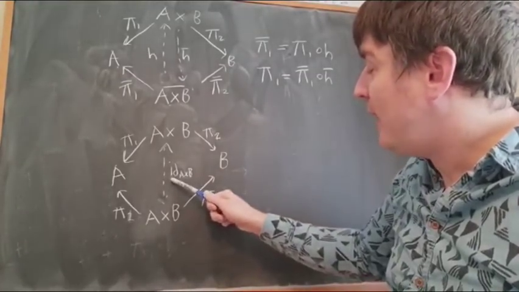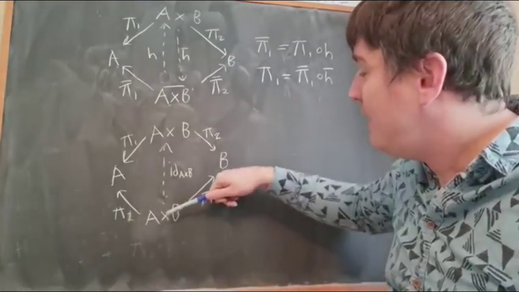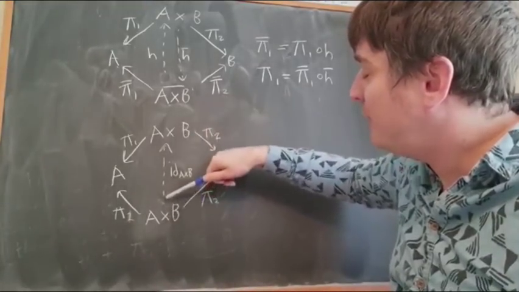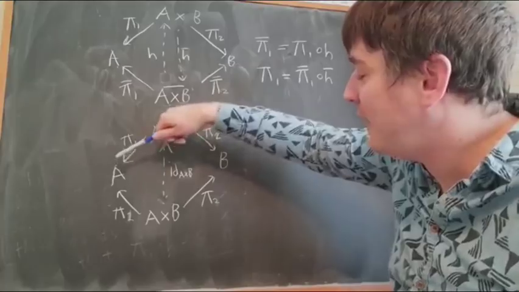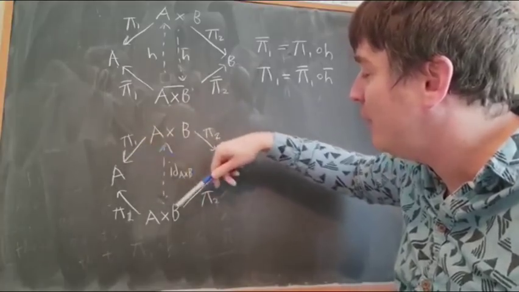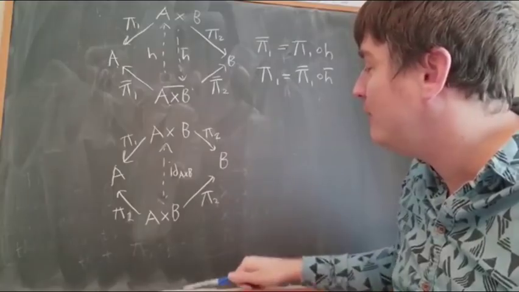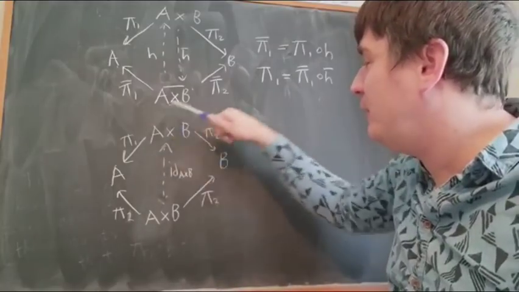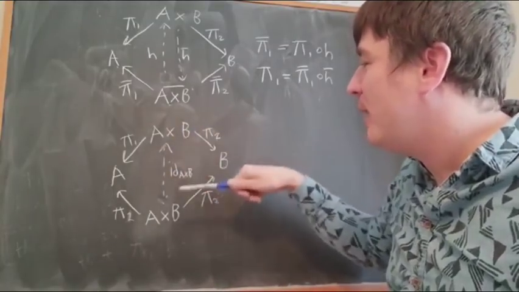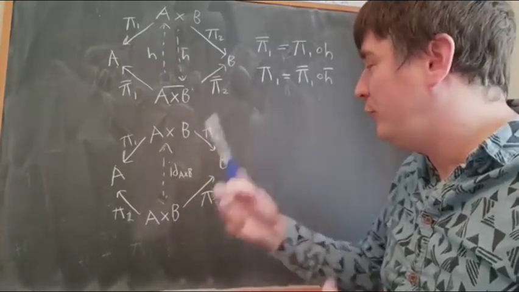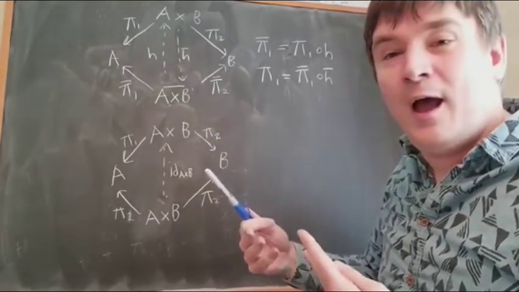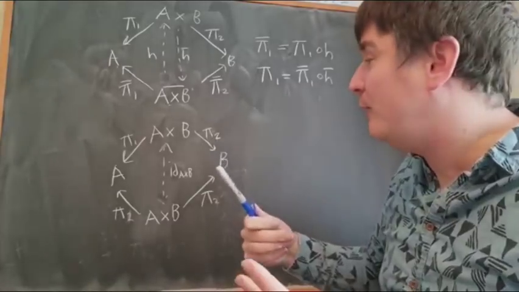If we just pick the identity arrow, then yes, we have the property that going along this arrow and then projecting gives the same as this arrow, and going along this arrow and projecting this way gives the same as this arrow. So indeed, our product does work out when we compare it with itself.